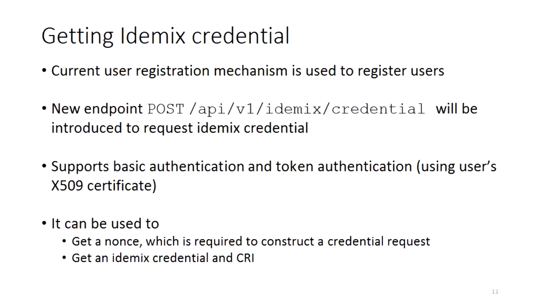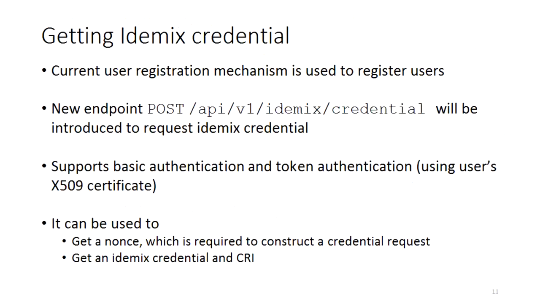So, Anil, maybe I missed. Are you just saying what the endpoint is here? So we have the existing register mechanism. I got that. In the normal case, to get an eCert, we use enroll. And there's an enroll API. So you're saying instead of using the enroll API, which we use for X509 certificates, we use this API to get the Idemix credential? Yes.